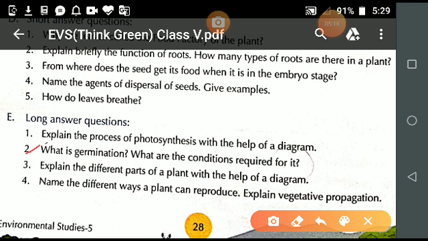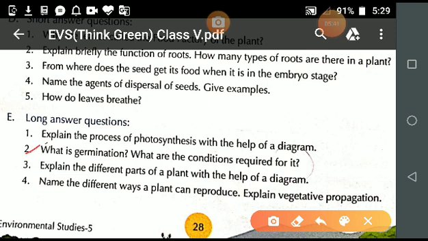So now students, germination: the process by which a seed grows into a baby plant is known as germination. And students, there are some conditions which are required for the seed to grow. Is it clear?